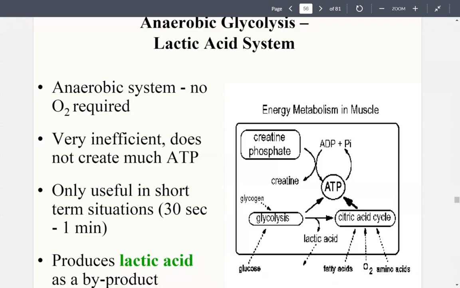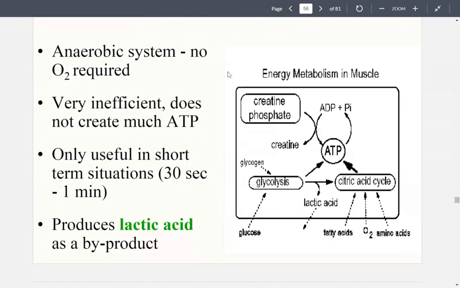This does not create additional energy, this lactic acid process. So we are limited to the amount of energy that is created by glycolysis, which is 2 ATP. This is also typically only really useful for short-term situations, think 30 seconds to a minute. Part of the reason for this is because lactic acid is a byproduct, and that lactic acid is going to build up, further inhibiting the glycolysis cycle.